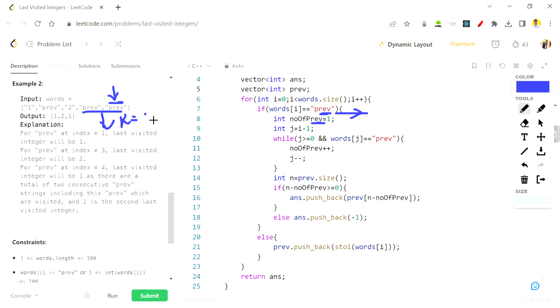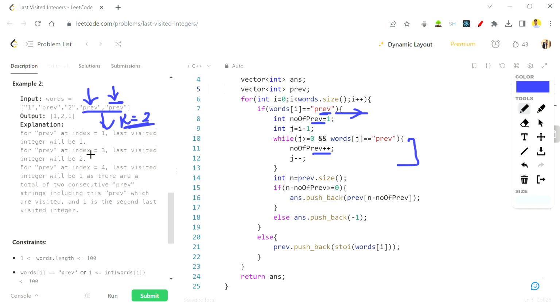How did I get this? I started my iteration from the pointer i minus 1, and I counted all the prev keywords so that I'm able to have a count of the value of k. So the number of previous is what I get through this loop.